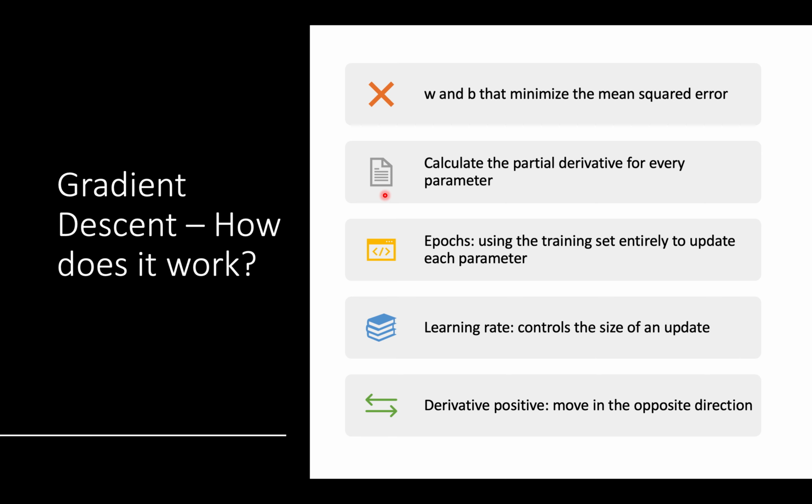As we said in the previous picture, we start at some random place, then we start moving, and at each point we calculate whether the values of w and b are good enough or not, and these steps are called epochs.